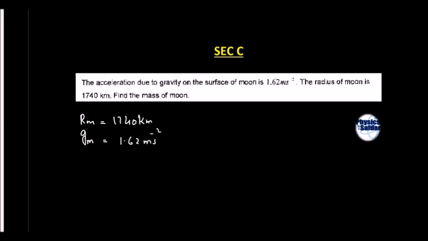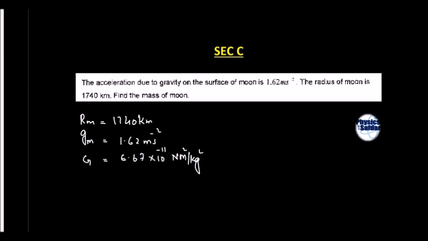In this type of question, when you are dealing with the moon, earth and other planets, you need to write the capital G. That is called gravitational constant, and it has value 6.67 into 10 raised to the power minus 11 with unit Newton meter square per kilogram squared.